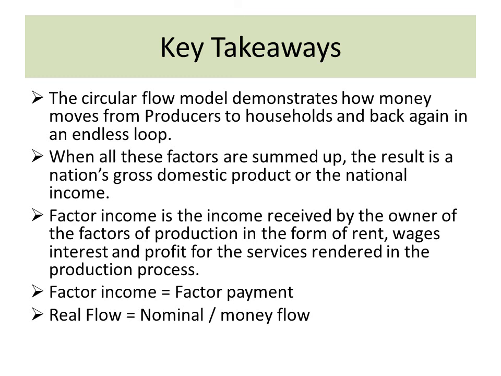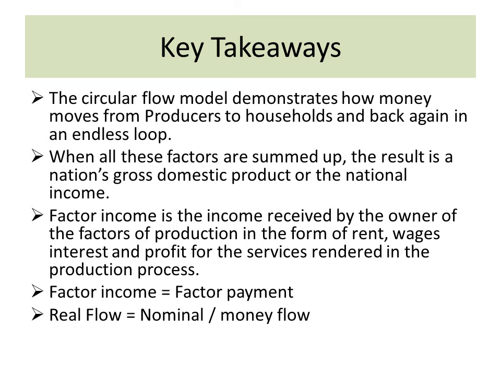So who is the factor owner? The household is the factor owner, because they provide the factors of production: land, labor, capital, entrepreneurship. For land, the producer sector provides rent. For labor, the producer sector provides wages. For capital, the producer sector provides interest. And for entrepreneurship, they provide profit.